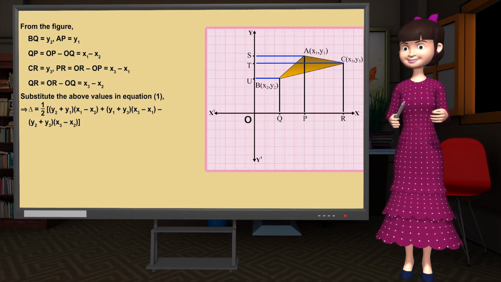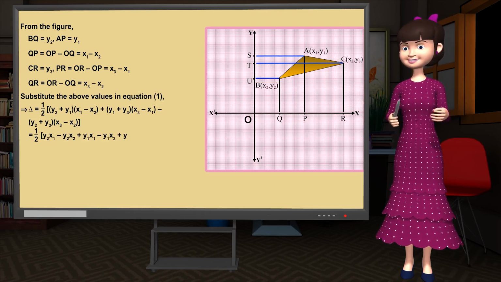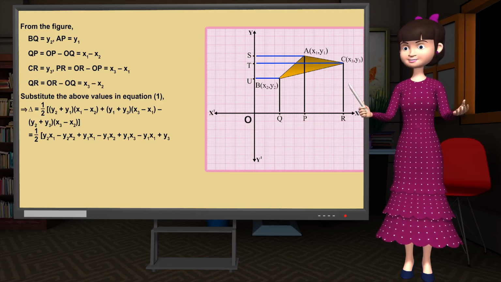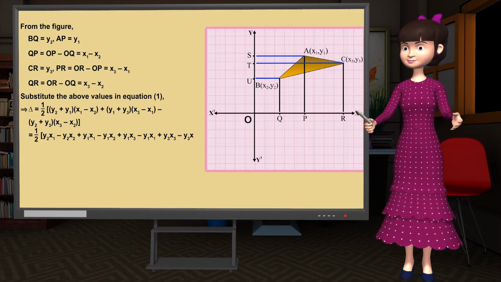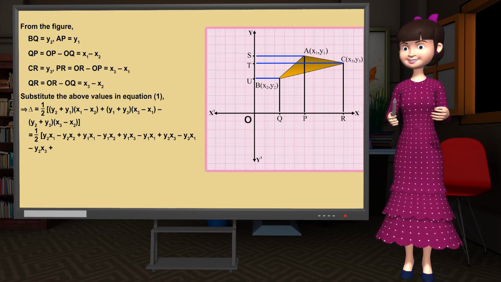Solving this, we get half into y2 x1 minus y2 x2 plus y1 x1 minus y1 x2 plus y1 x3 minus y1 x1 plus y3 x3 minus y3 x1 minus y2 x3 plus y2 x2 minus y3 x3 plus y3 x2.